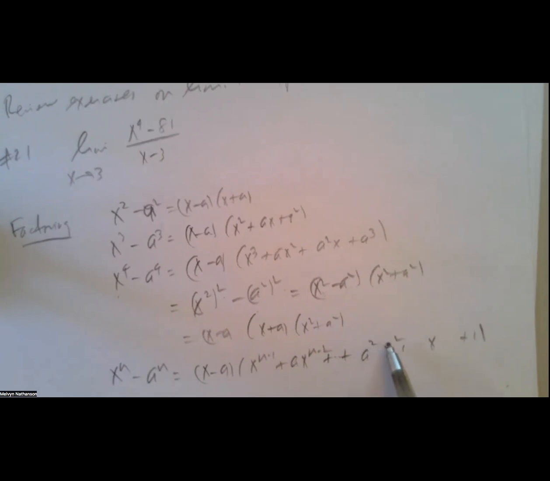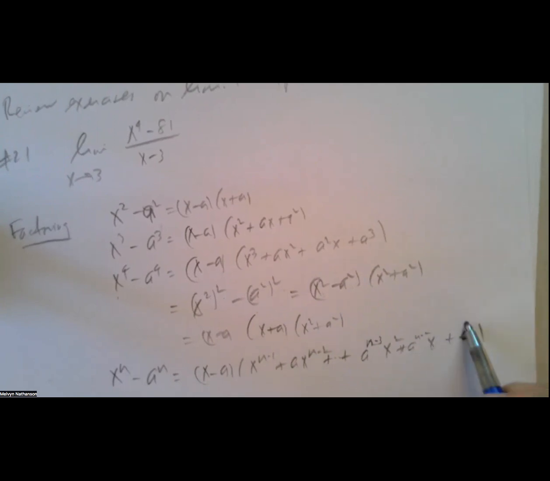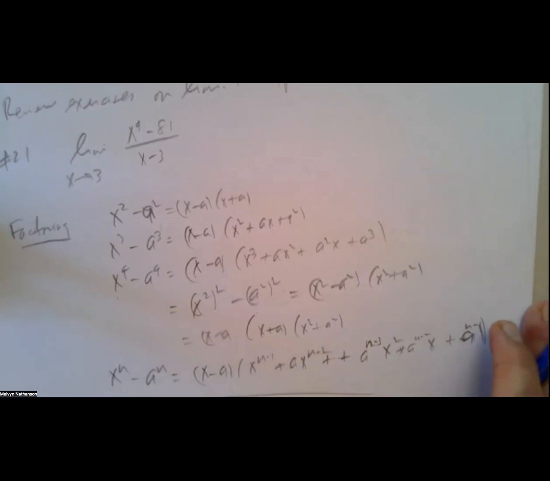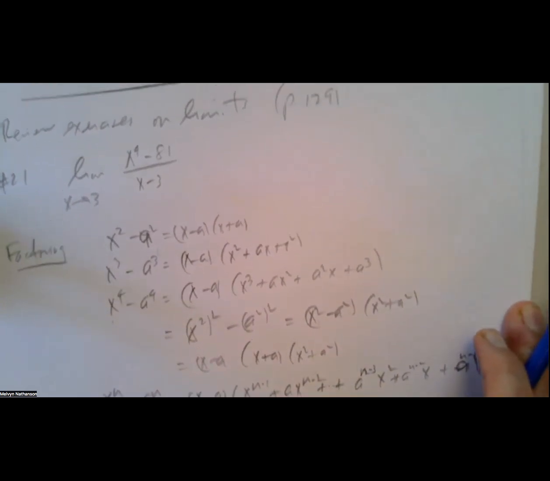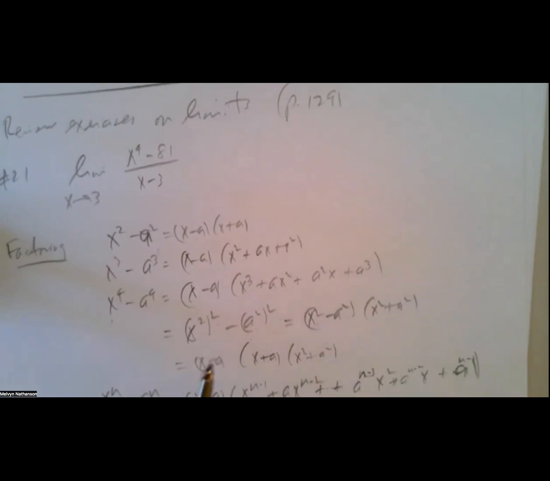They have to add up to n minus 1, ending with a to the n minus 1. There's always a factorization like this. And again, the only way to understand this, if you're not familiar with it, though it should have been in your pre-calculus class, is just to write down lots of examples.